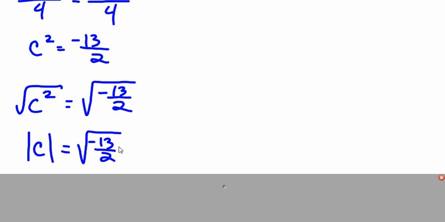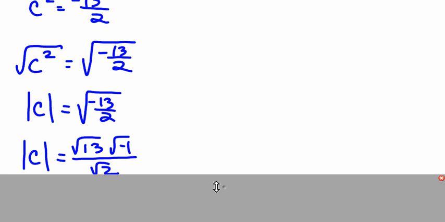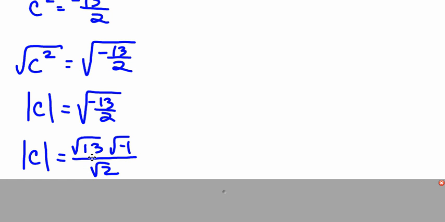So we're going to think of this as the negative 13. Negative 13 comes from 13 times a negative 1. So we're going to rewrite that numerator as the square root of 13 times the square root of negative 1 over our denominator, the square root of 2. Now 13 is not a perfect square, nor does it have any perfect square factors, so that's already simplified. 2 is not a perfect square and does not have any perfect square factors, so that is simplified.